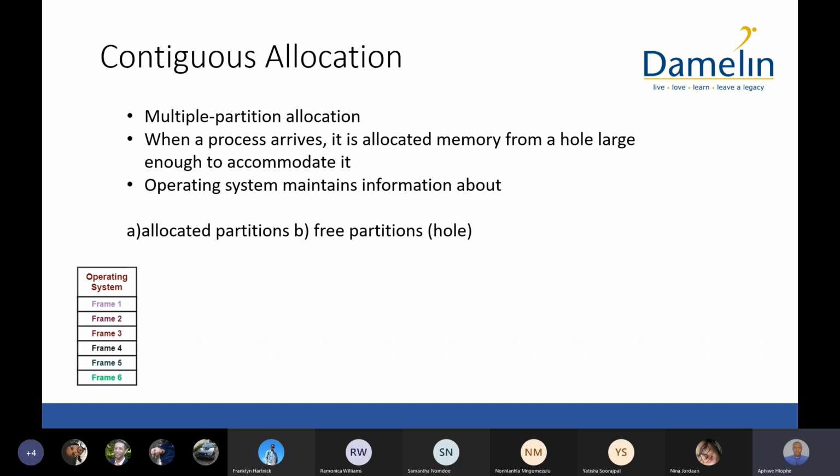Now, contiguous allocation means that the pages that go from secondary memory into main memory were allocated to adjacent frames. If there were 5 pages that the process was divided into, page 1 went into frame 1, page 2 went into frame 2, page 3 went into frame 3, and so forth up until frame 5. Those are contiguous allocations of space.